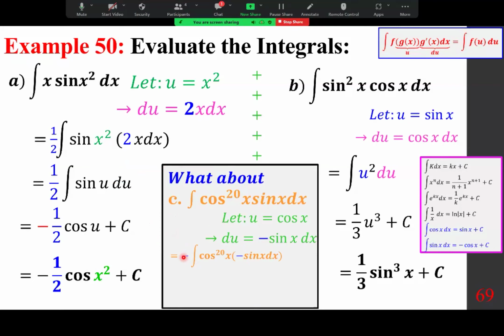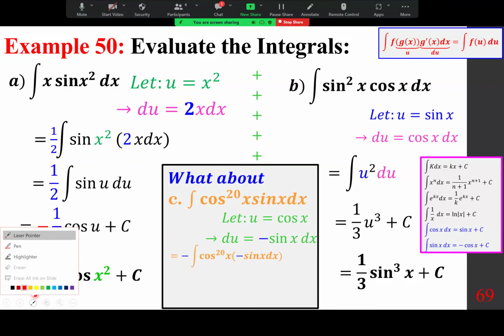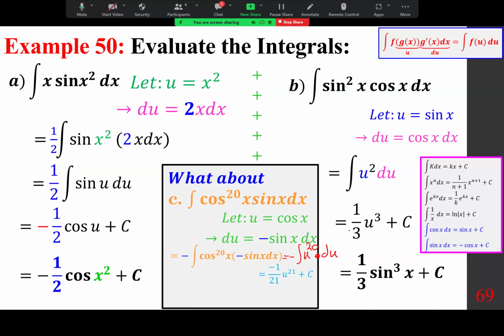And so what you're dealing with is the integral of u to the power of 20 du, which is negative 1/21 u to the power of 21 plus a constant, and u is replaced with cosine, and we're fine.